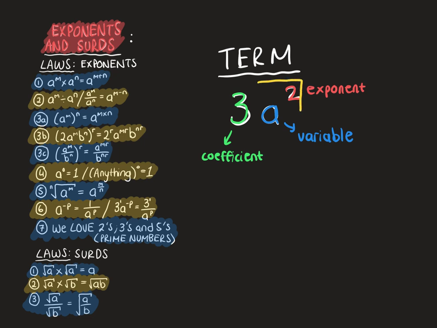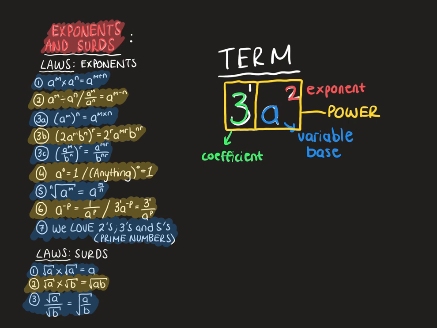But this over here is known as a power. And what does a power consist of? A power consists of a base and an exponent. So actually, 3 has its own exponent of 1. Does everyone agree? So 3 to the power of 1 is actually its own power.